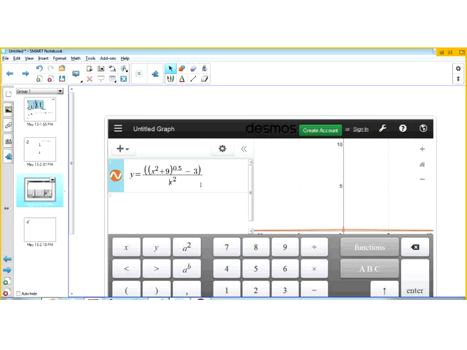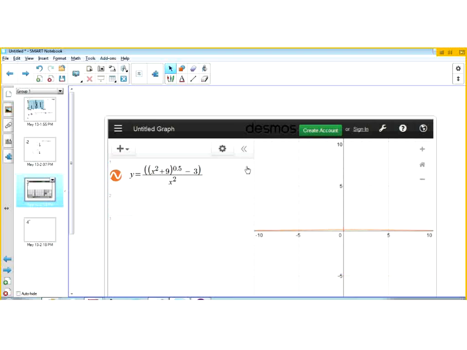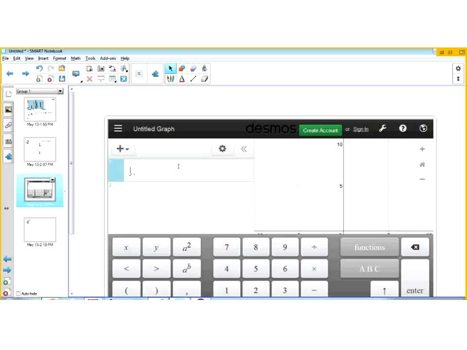Okay, so will that work for us? Let's see. That doesn't quite work, does it? Try typing it in again. Y is equal to x squared plus 9 to the 0.5 minus 3 divided by x squared.